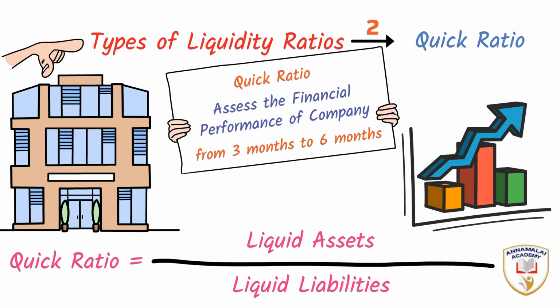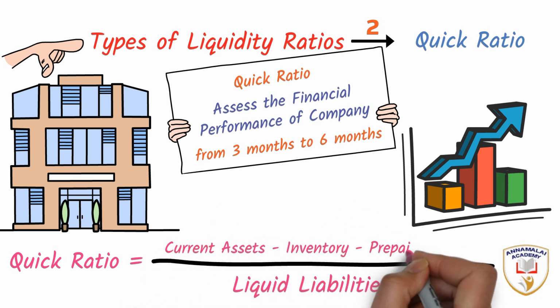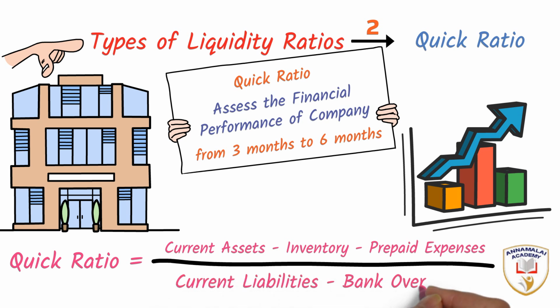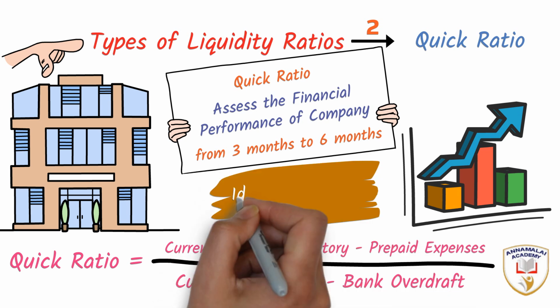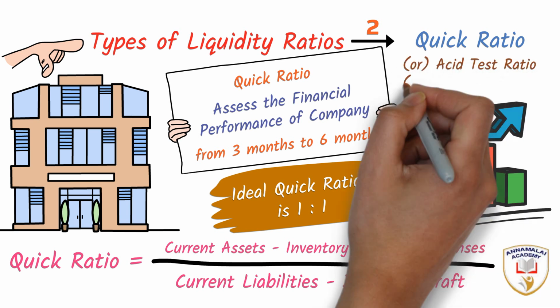Liquid assets could be arrived at by taking current assets and deducting inventory and prepaid expenses from it. And liquid liabilities are current liabilities minus bank overdraft. For any company, the ideal quick ratio is 1:1. The quick ratio could also be termed as acid test ratio or liquid ratio.